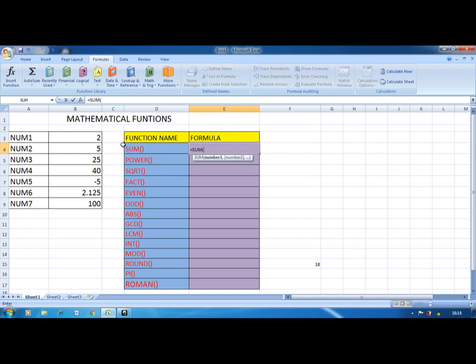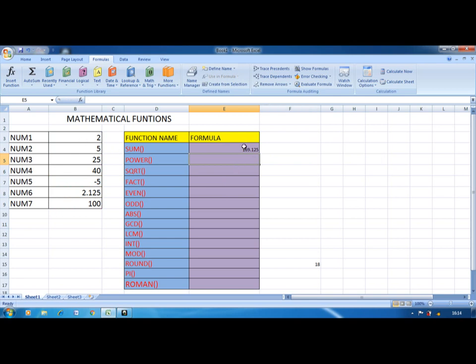Here in SUM, you can insert the numbers or you can insert the cell addresses one by one: B3, comma, B4, comma, B5, comma, B6, B7, B8, B9. Enter. Automatically it finds the sum of B3 to B9.